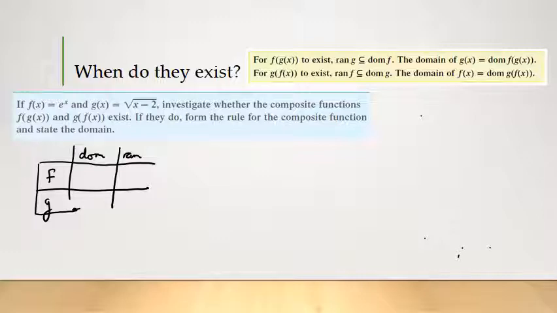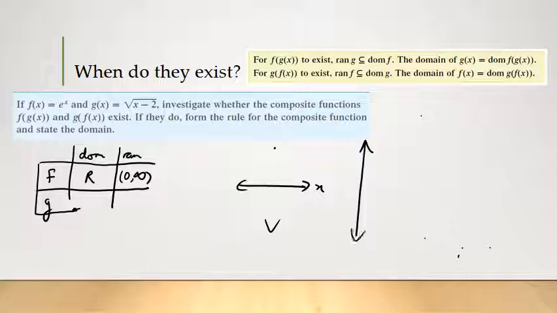The domain of f, e to the power of x, looks like that. So our domain is all real, and our range is from 0 to infinity, not including 0.